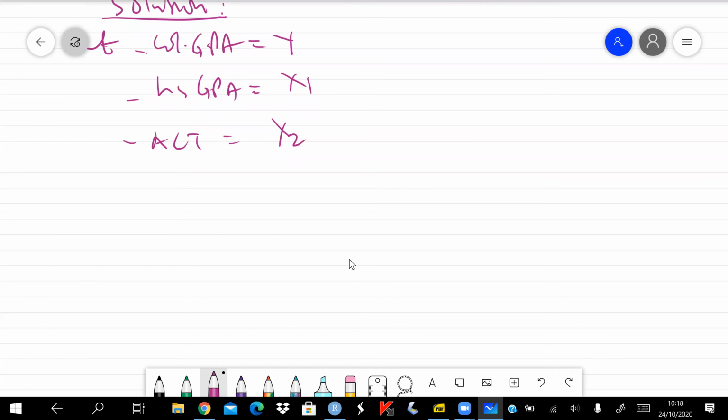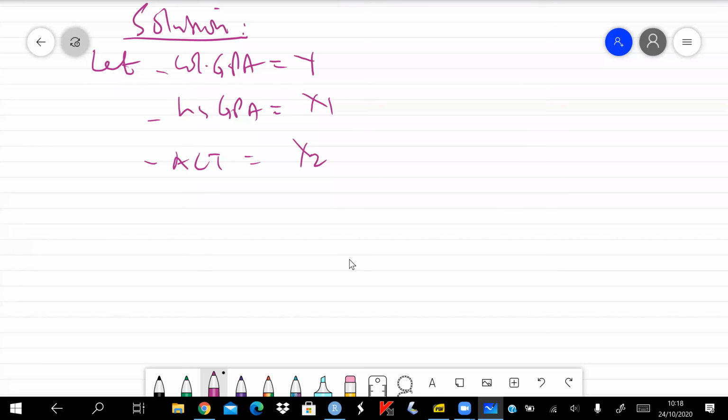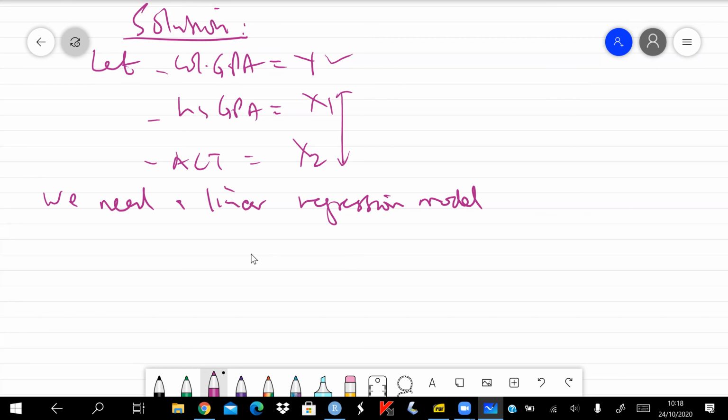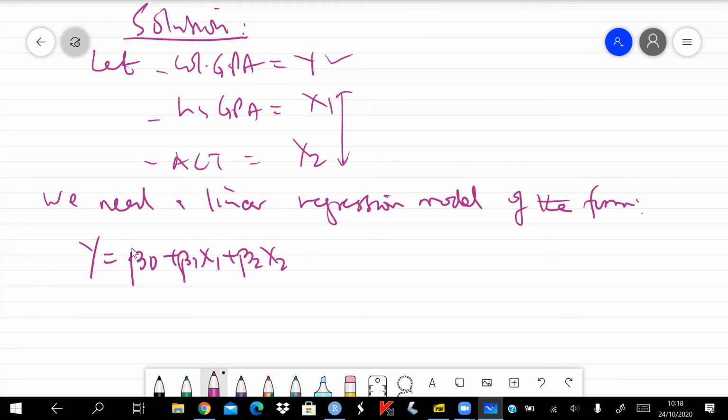So we need to fit a linear regression model to predict Y given this information. We need a linear regression model of the form Y is equal to beta naught plus beta 1 x1 plus beta 2 x2. We need something like that.